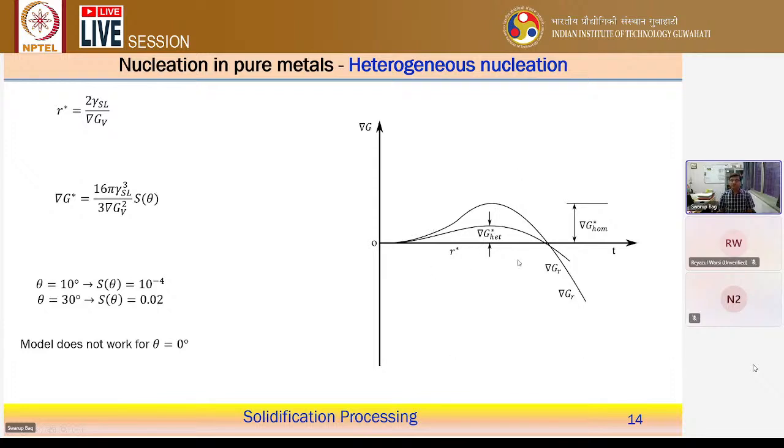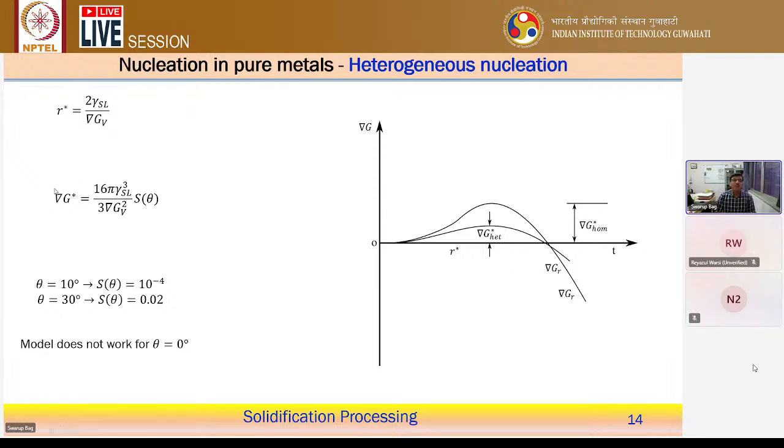We can see that the critical size of the nucleus is the same for the homogeneous and heterogeneous nucleation processes, but the energy barrier required for homogeneous nucleation is much more than for heterogeneous nucleation, because in heterogeneous nucleation we have the pre-existing surface.